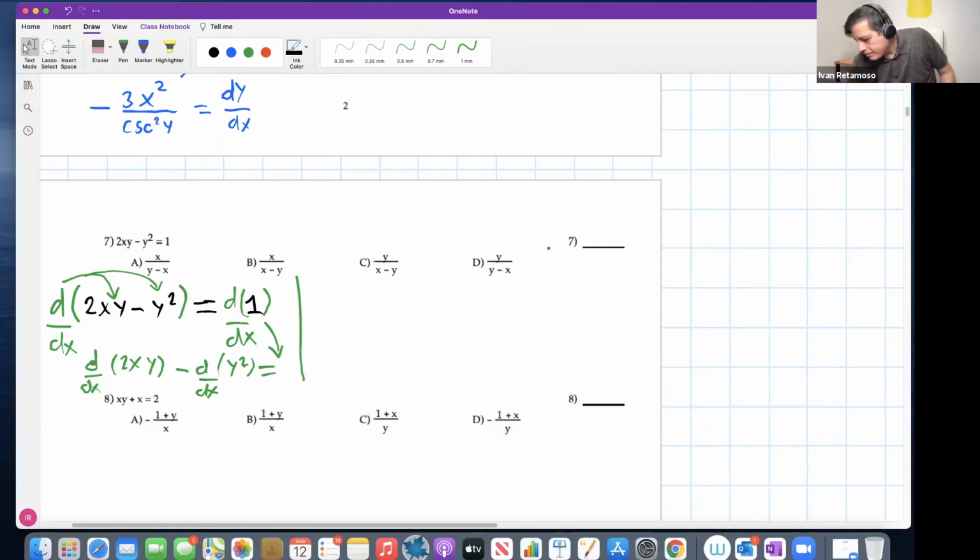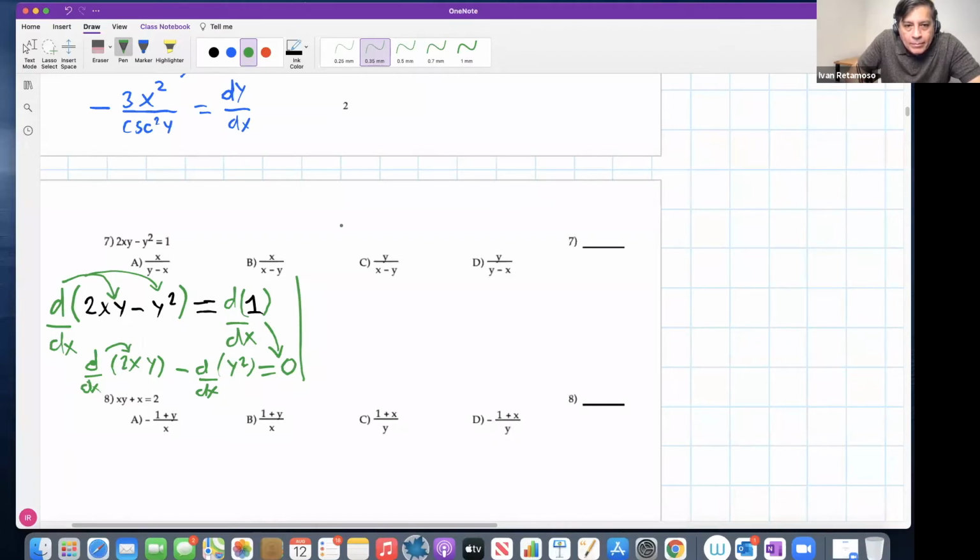Someone wrote in the chat. Derivatives of constant functions, since they do not change, 0. Oscar, excellent. 0. This is another thing that will serve you a lot as you move on in your studies, right? The derivative of a constant function is 0 in any context.